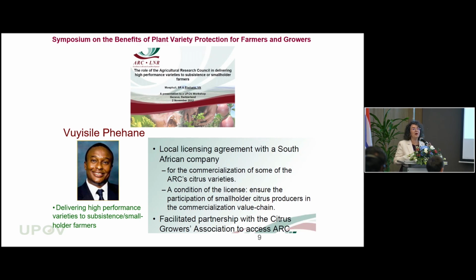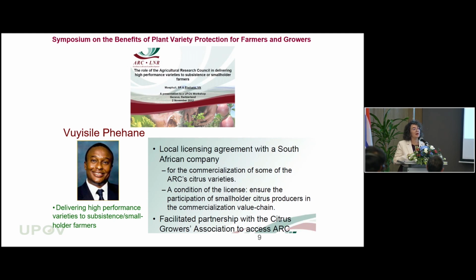One example of how that works in practice from a policy perspective, I know that this is very important in Thailand, how to ensure the smallholder farmers have access to these new plant varieties, is to ensure that even public research institutes, when they protect the varieties, can reach public-private partnerships.